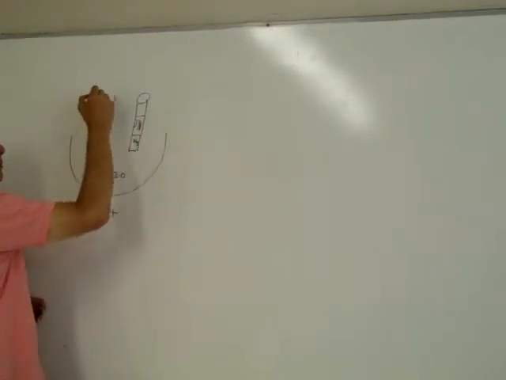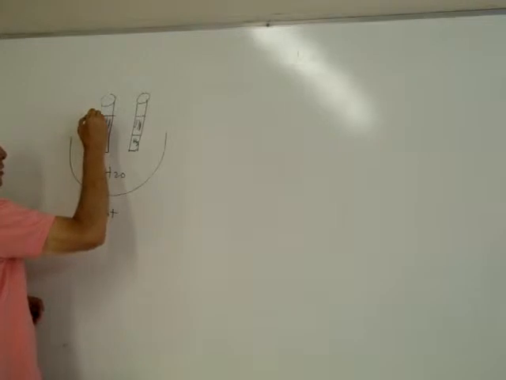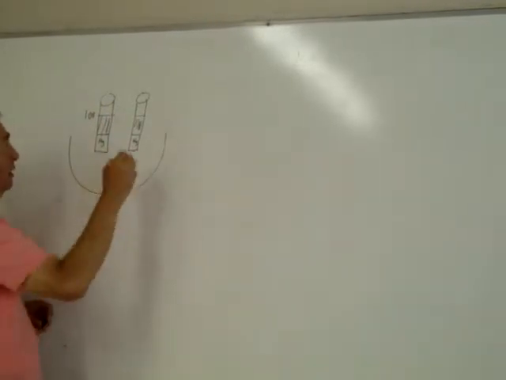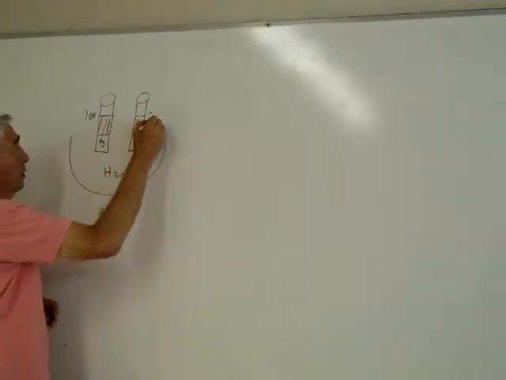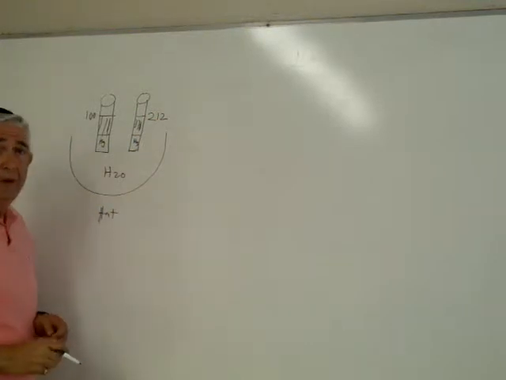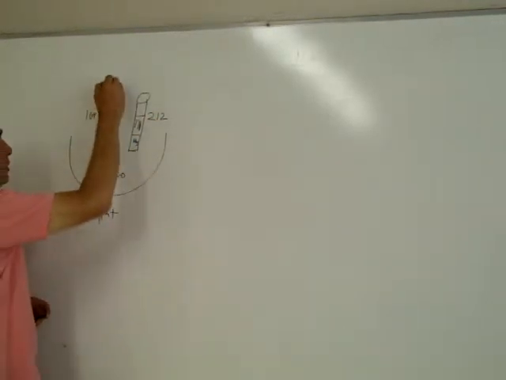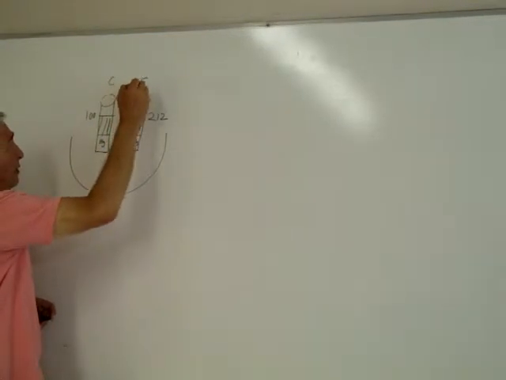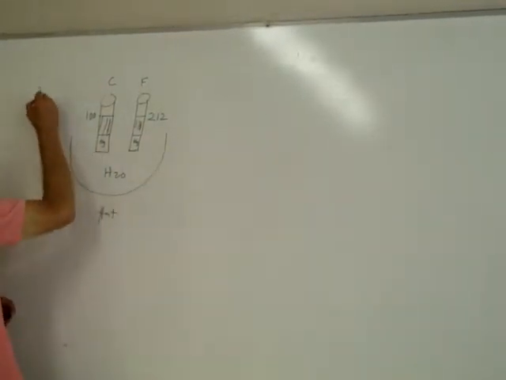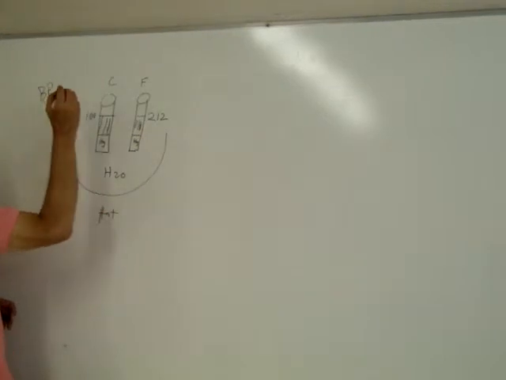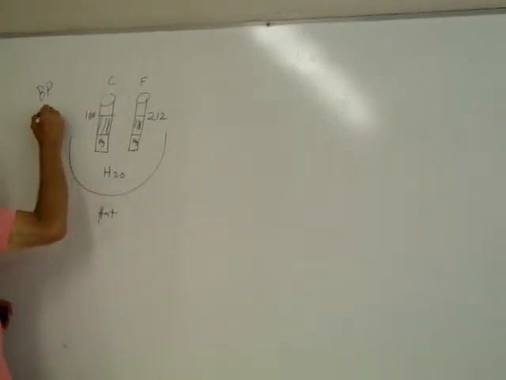Let's say I mark this one 100, and I mark the other one 212. Okay? Now, if I call this one C and this one F, then the boiling point of water would be where C is equal to 100 and F is equal to 212.